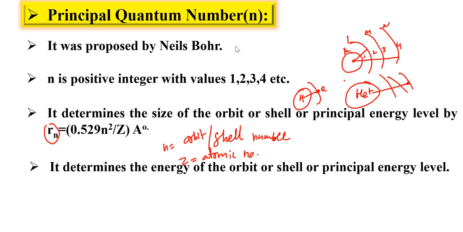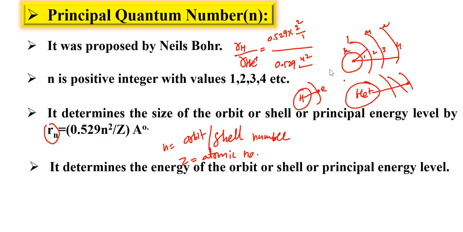Suppose H plus, now RH by RHe plus I am doing here. So 0.529 n square. हाइड्रोजन का क्या बोला था मैं, सेकंड शेल में है. So 2 square by Z, that means 1. Then again 0.529, वो फोर्थ शेल में है, मतलब 4 square by Z square.